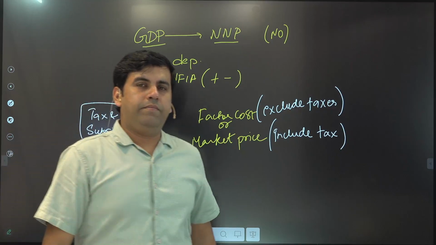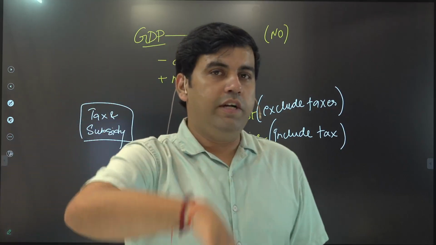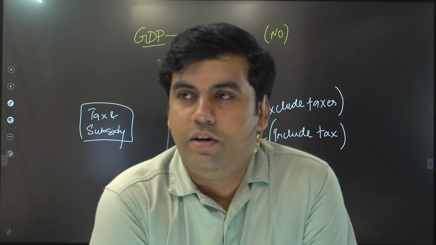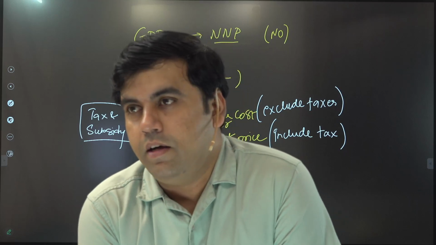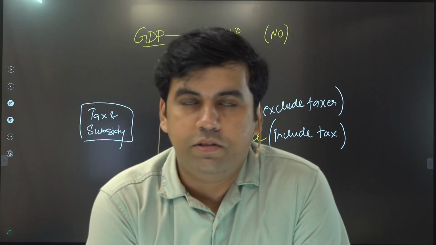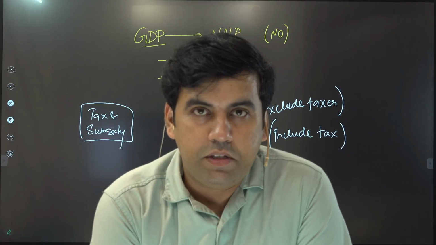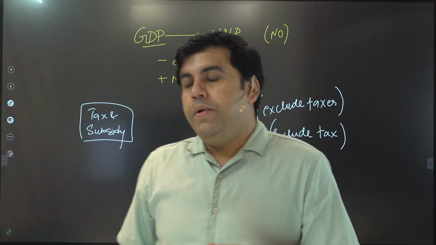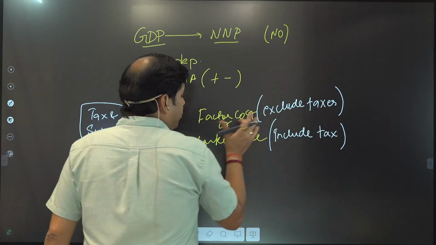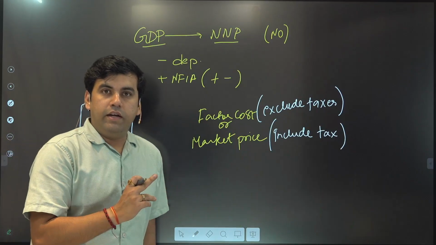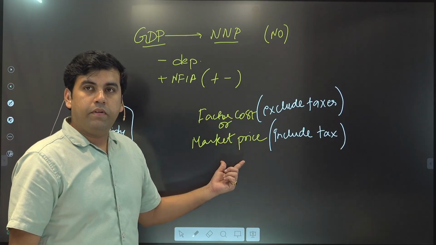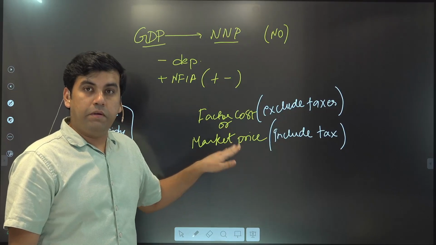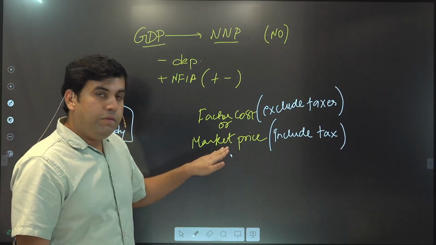What about subsidy? Please tell me, does subsidy increase price or reduce price? Subsidy reduces price, because it reduces the cost of production. Right? So if subsidy reduces the price, what will happen here?